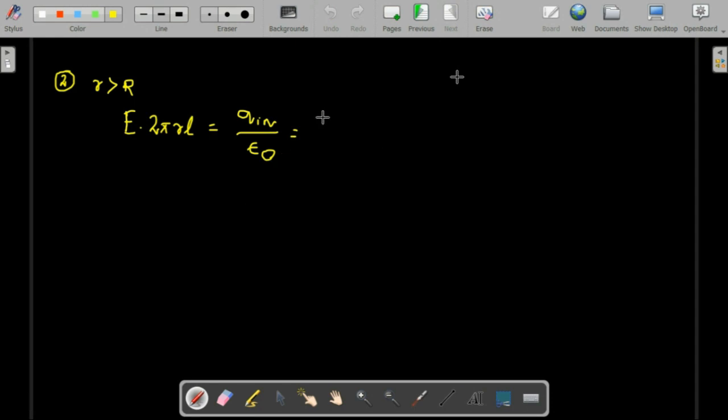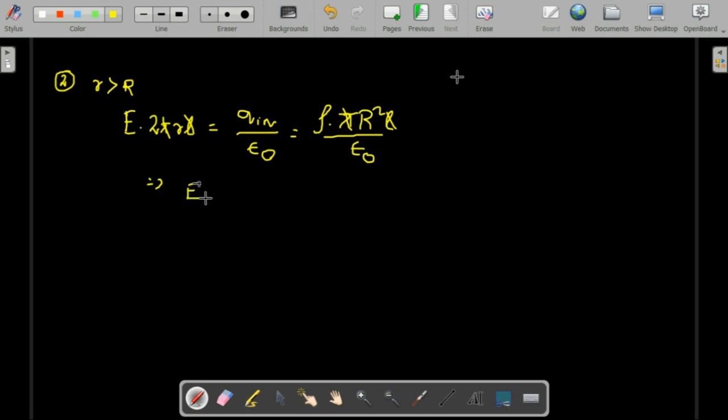So here this would be nothing but volume charge density into volume, by capital R square L, divided by epsilon naught. We can again do our thing. Let's cancel: this is R, this is pi, this is L. We can cancel this out. So this time the formula is slightly different.